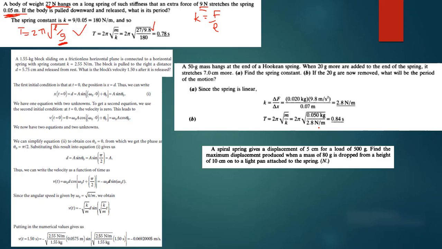Okay, again we have here an example, a 1.55 kilogram block is sliding in a frictionless horizontal plane. So this is the diagram here. Okay, this is the horizontal plane. We have the spring, the body is attached.